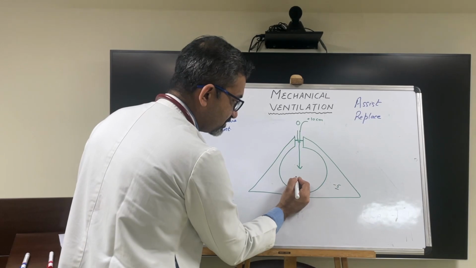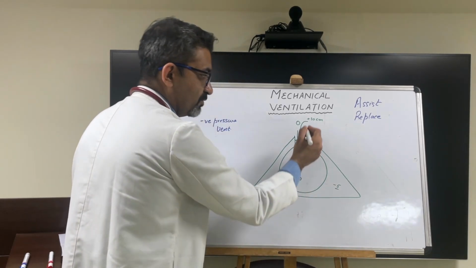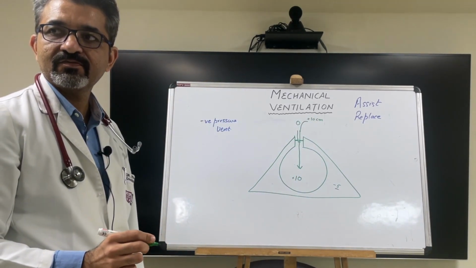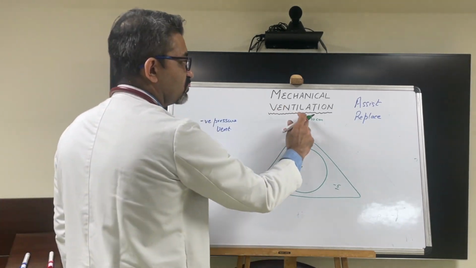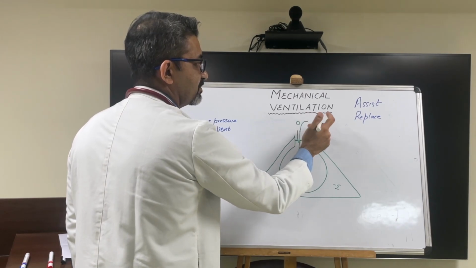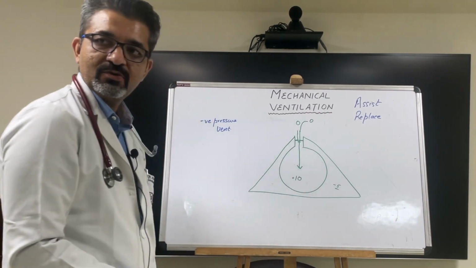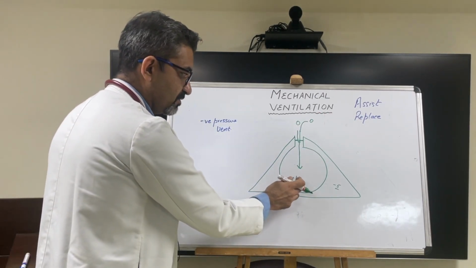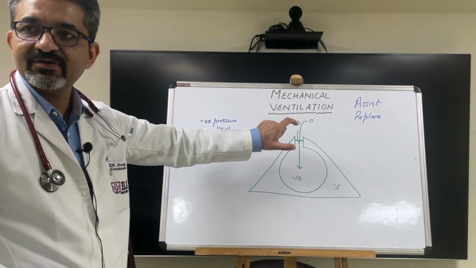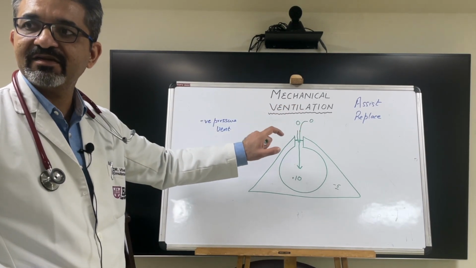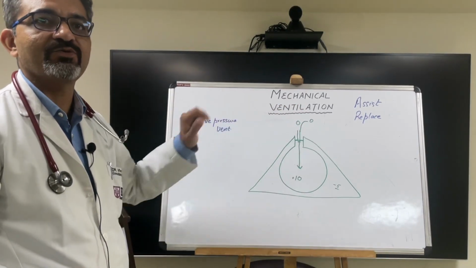As pressure reaches plus 10, flow ceases. There is no pressure gradient now. Then you stop applying the pressure, again make it 0. So what will happen? This air will rush out. So here the pressure gradient of the ventilator and the lung is driving air in and out.